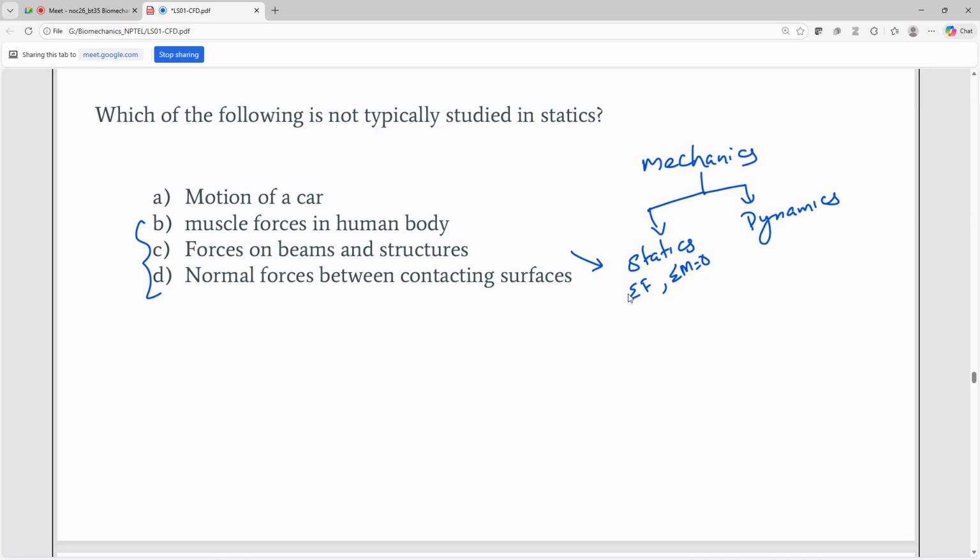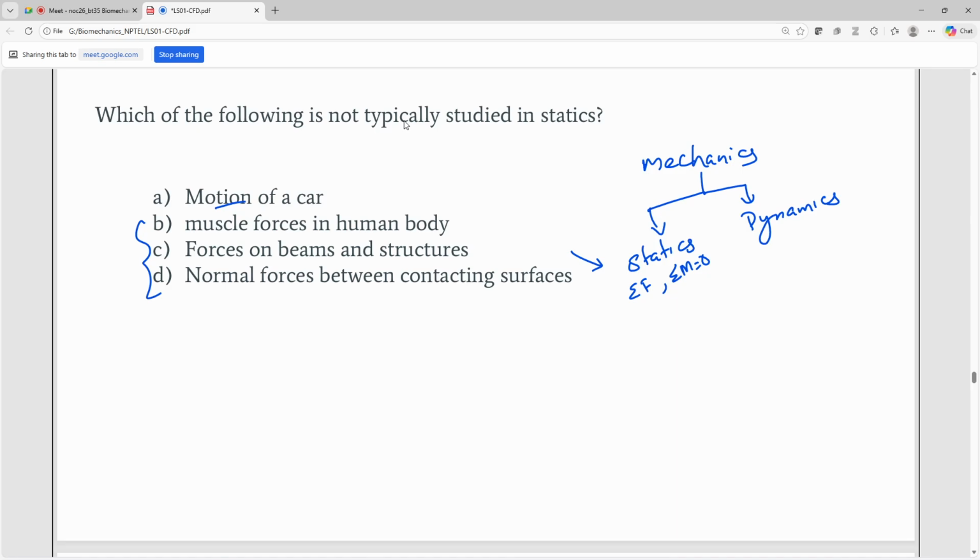That is, the net force and net moment acting on it can be assumed to be 0. Whereas the motion of a car, it is moving from place to place. So it is dynamics. It comes under the dynamics branch of mechanics.